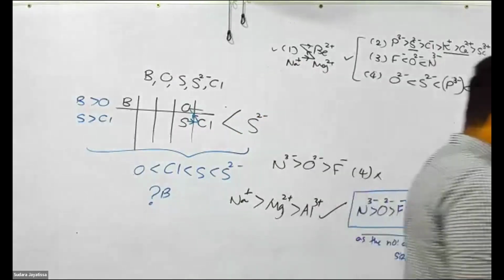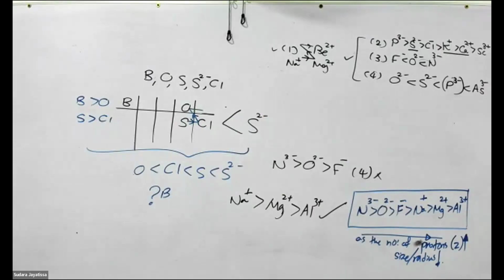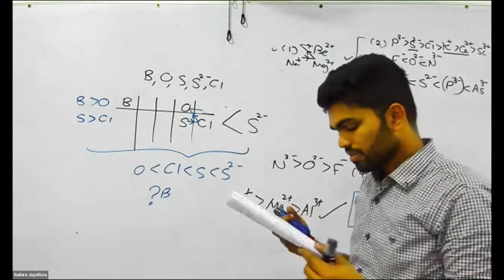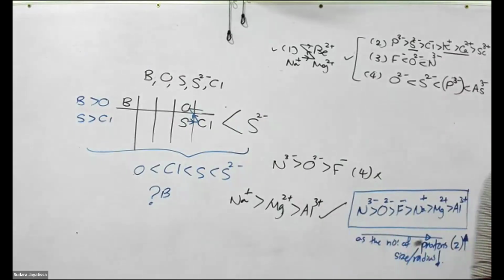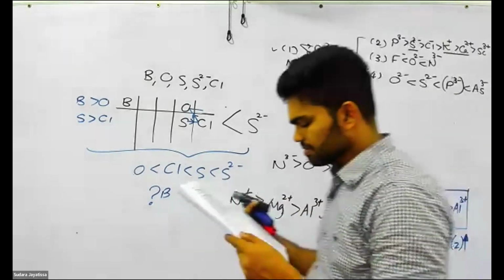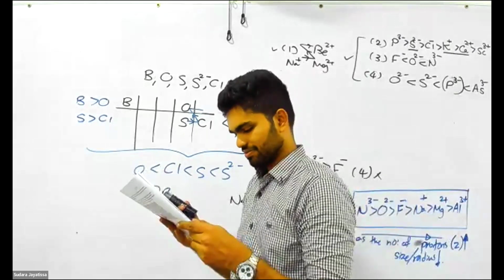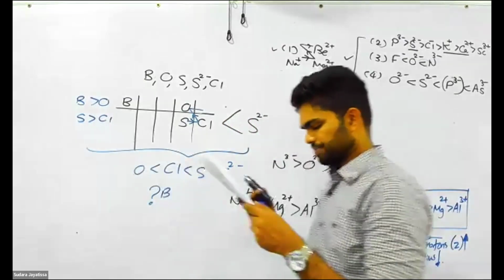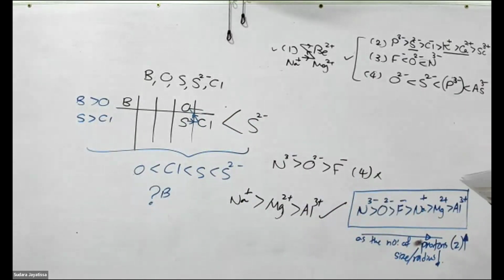Right then, question number 7. Increasing order of the ionic radii of the following species: sodium, magnesium, potassium, calcium, sodium and magnesium 2 plus. What is the smaller one?